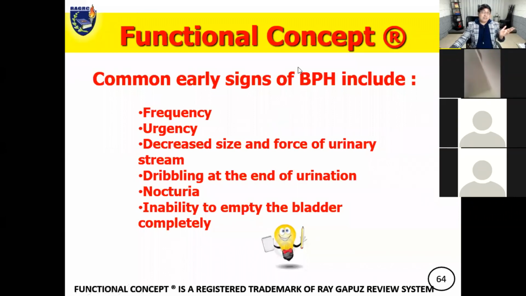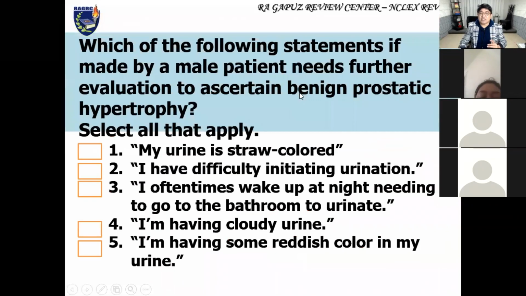But what if the test will not ask you about labels like this? What if the test will ask you about how patients will describe the symptoms? Like this: which of the following statements, if made by a male patient, needs further evaluation to ascertain benign prostatic hypertrophy? Look, my urine is straw-colored. So you have here now a patient statement.